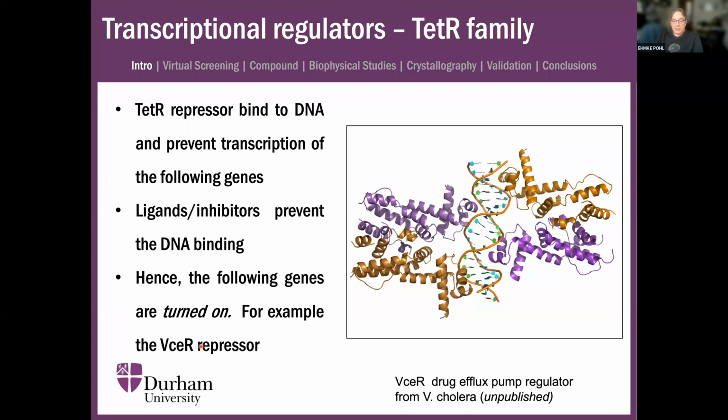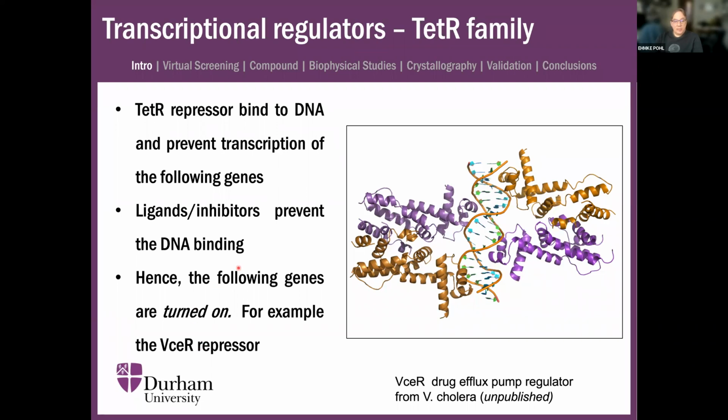The advantage of these proteins is that they're unique to bacteria, so there's no eukaryotic equivalent, and it's less likely to have any side effects. Secondly, they're widely distributed over bacterial species, so it's quite likely that inhibitors of these proteins can work for several strains.